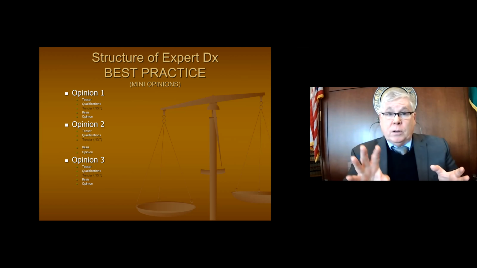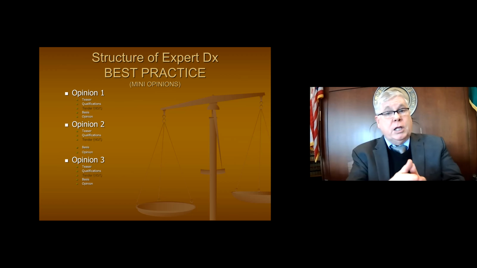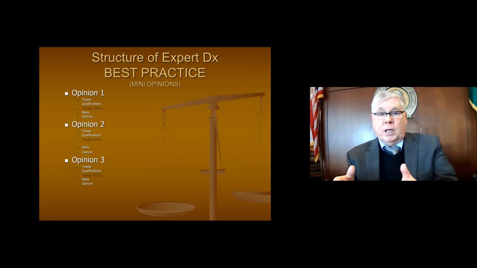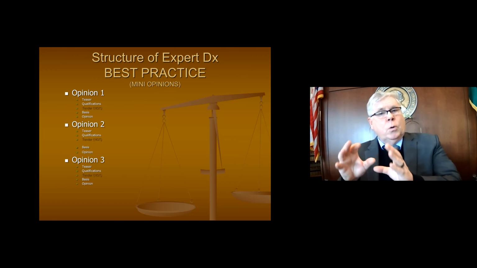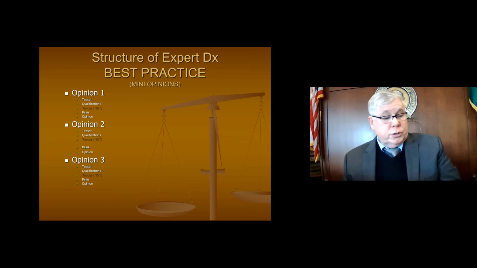And then lay their qualifications and then ask their opinion, along the way establishing the bases, the facts, what actually happened at the crime scene. And then we move into the next opinion, which might be the cause of death. It might be whether or not someone was intoxicated. But again, we ask the mini qualification question, and then we lay the qualifications.